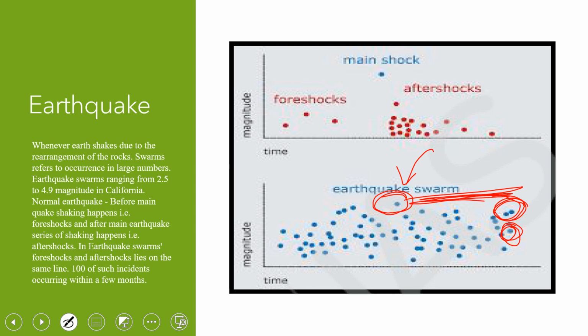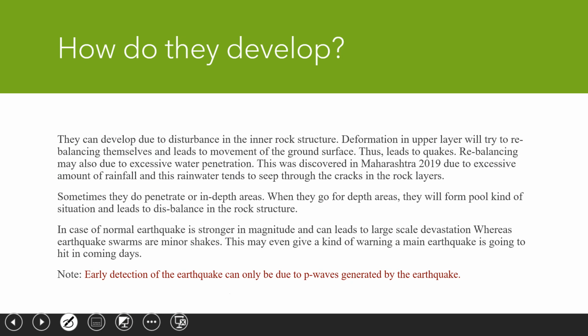So that's why we say that in earthquake swarms, foreshocks and aftershocks lie on the same line, and it is a little difficult to differentiate which one is aftershock and which is foreshock by looking at the graph. But in the normal earthquake, we can clearly differentiate between those shocks. That's the difference between earthquake swarms and the main shock.